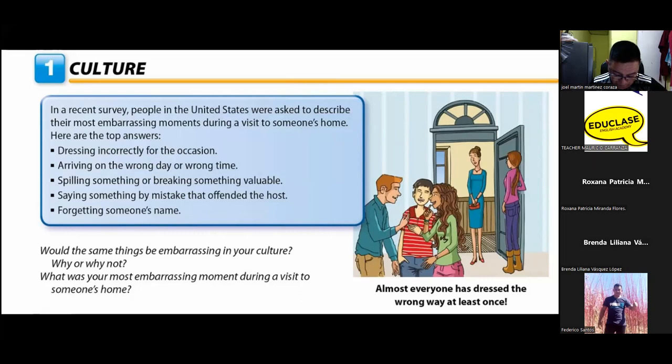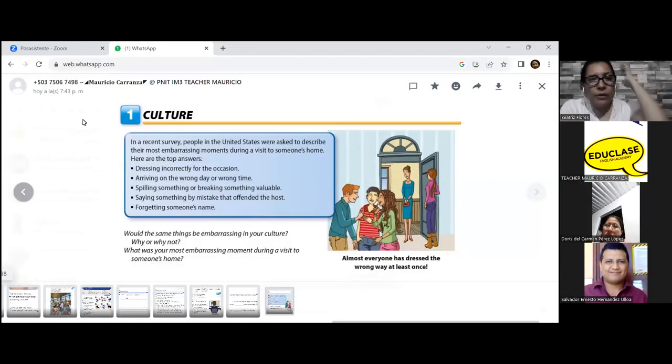So for me, the five sentences that the survey showed in the United States, we can apply. But I don't know. What do you think?